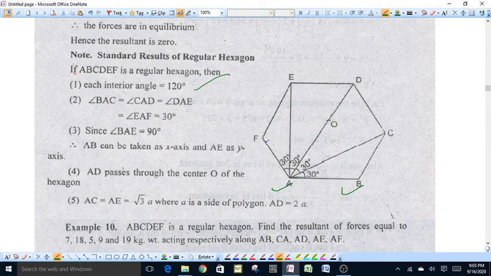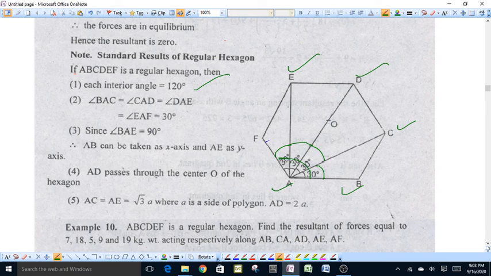First one. And if we join A and C, A and D, A and E, then angle BAC, angle CAD, angle DAE and angle EAF will each be equal to 30 degrees, because total angle BAF is equal to 120.